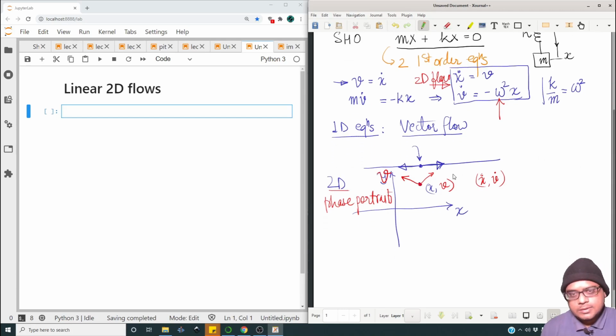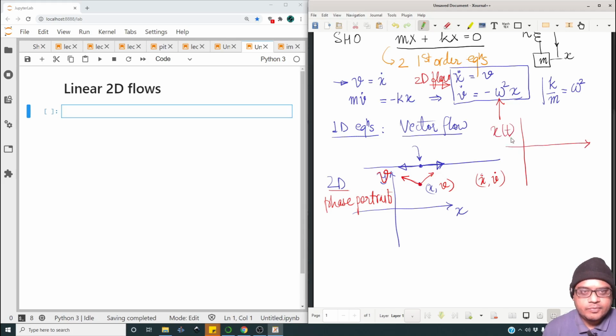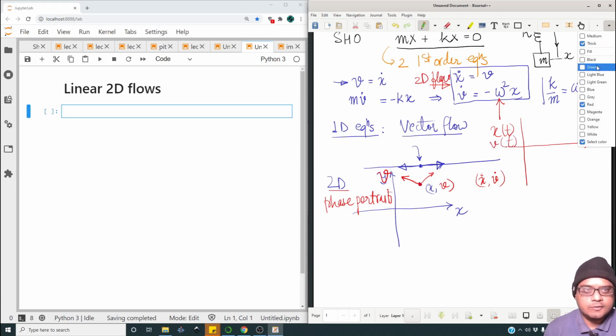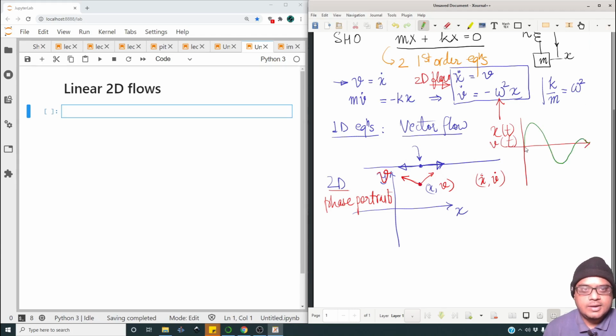Now, while this information is very useful, the reality is you will solve this to obtain x as a function of time and v as a function of time, and then you will have a time series of x, how it will vary, and v, how it will vary. But here we are not so much bothered about the time it takes, but more about the overall behavior of the system, and it will be clear through examples.